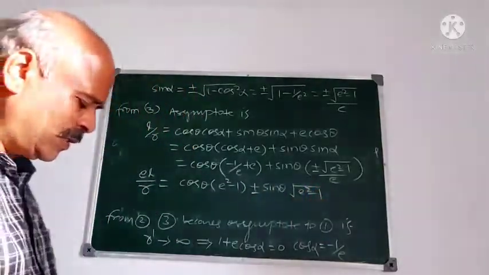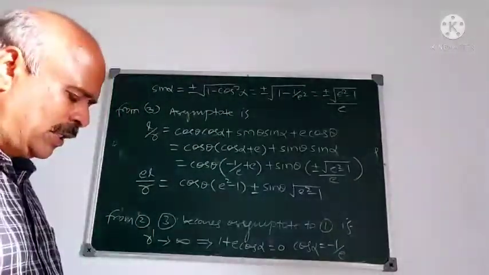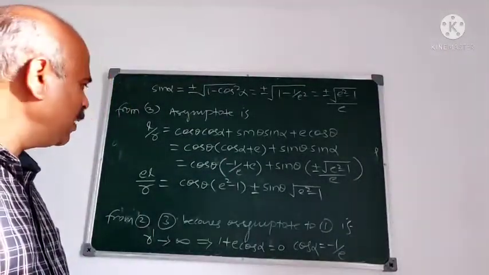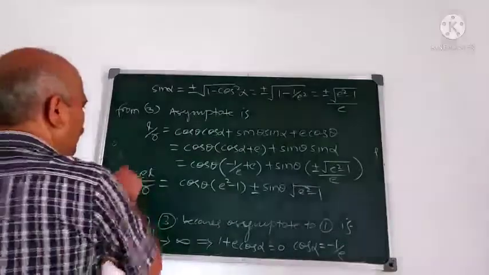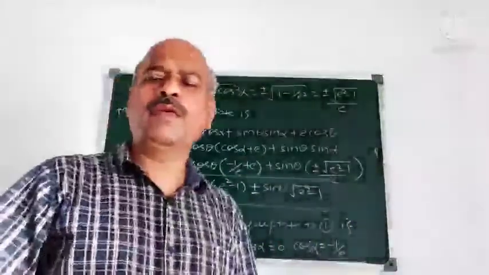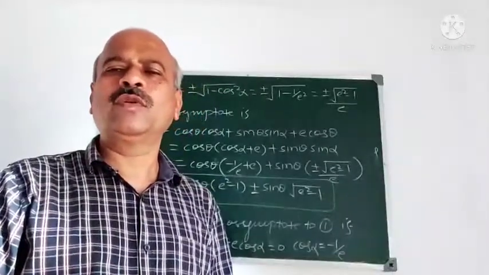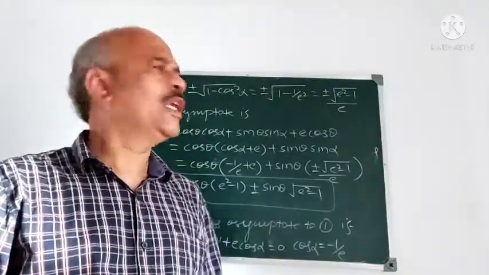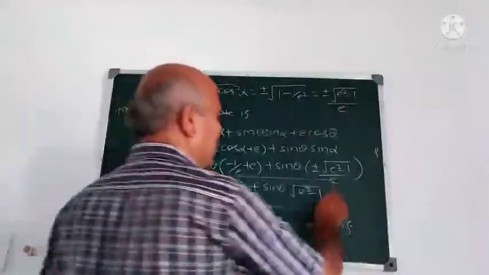I am verifying this. Root e square minus 1 cos theta plus or minus sin theta, is E L upon R. This is the equation of the asymptotes to the conic L by R is 1 plus e cos theta.